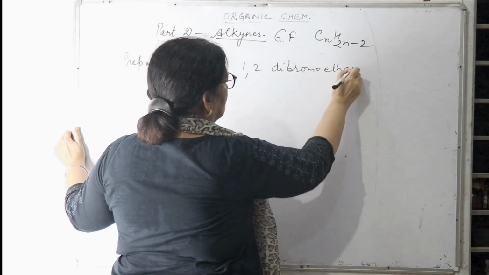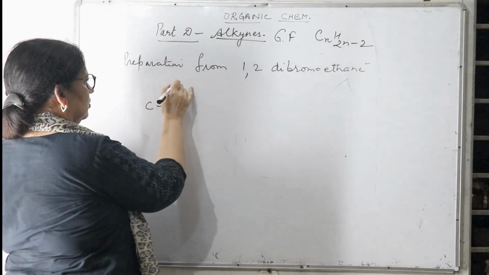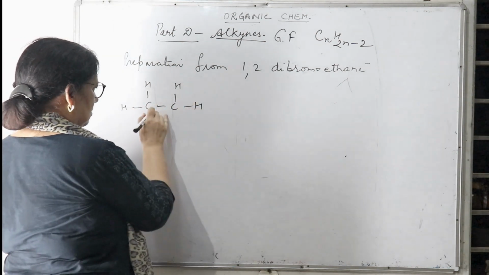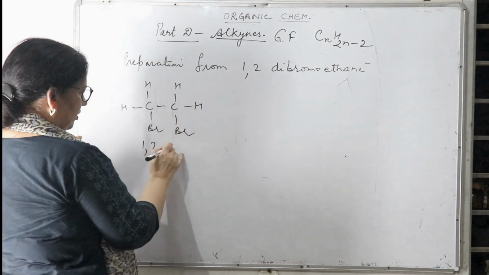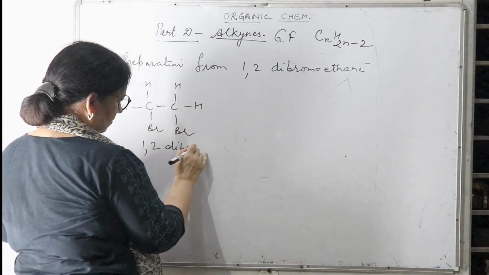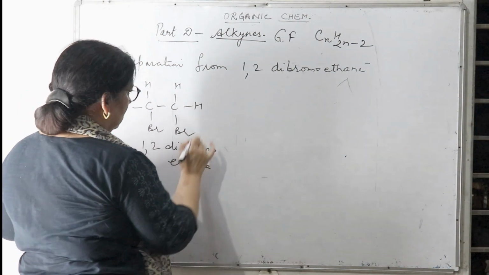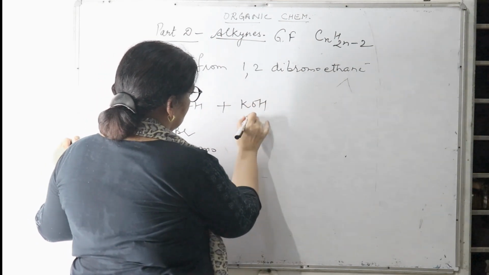This is 1,2-dibromoethane, and we have to add alcoholic KOH.